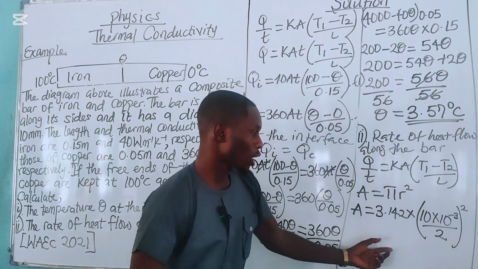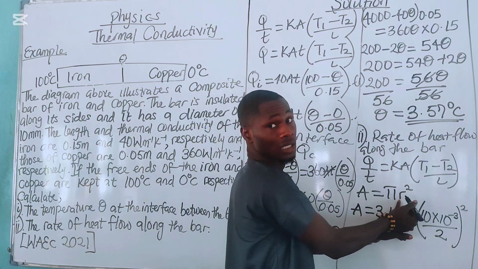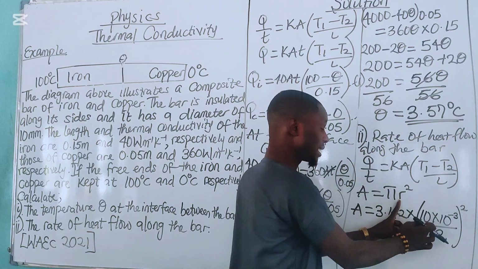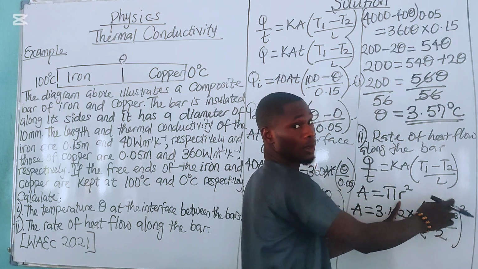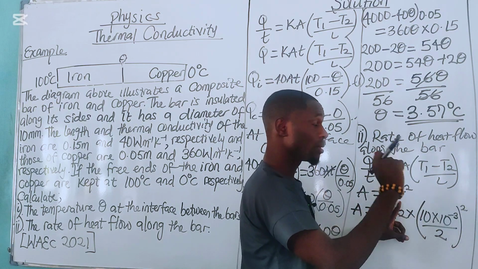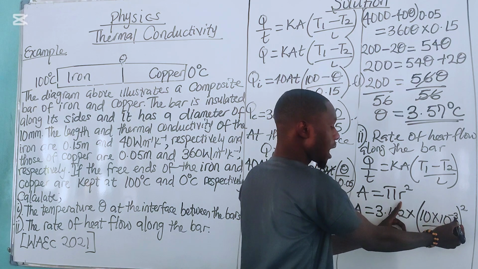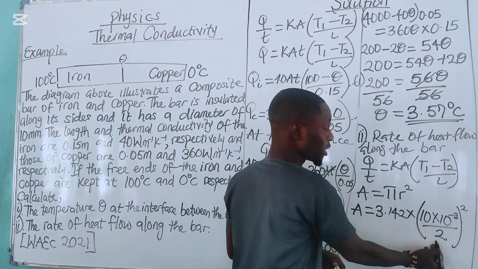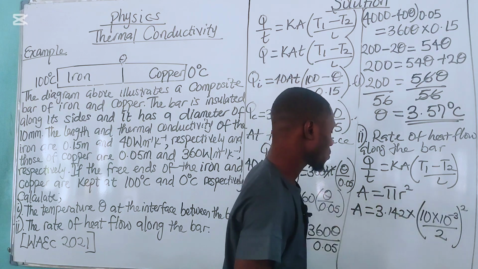Since 1 milli is 10 power minus 3, and since it's the radius, it becomes half. That is why we divide by 2, and we have the square.